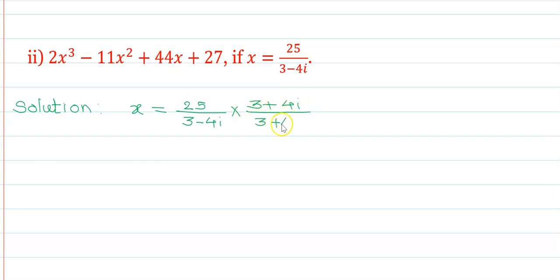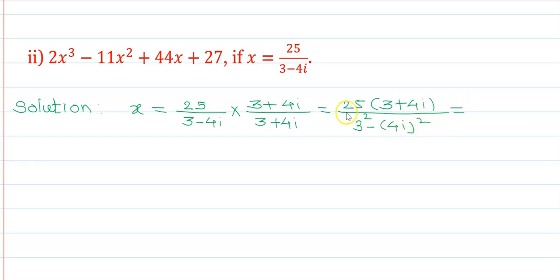3 plus 4i. Okay. Now here is 25 into, in bracket, 3 plus 4i. It's divided by a minus b into a plus b. Then you are getting 3 square minus 4i in bracket square.